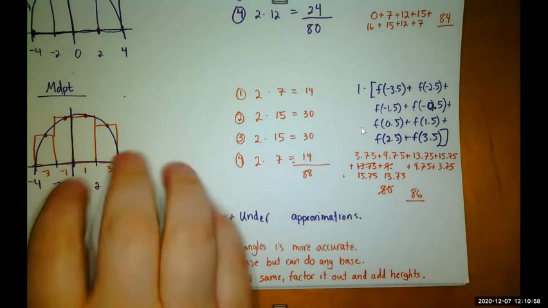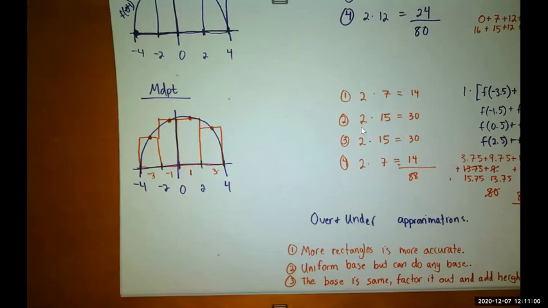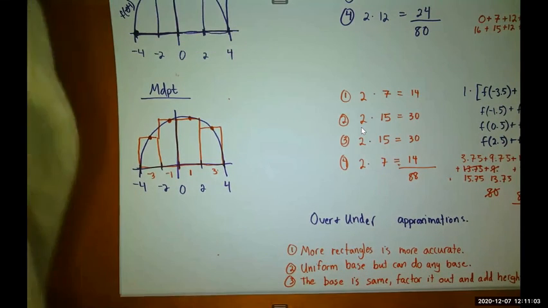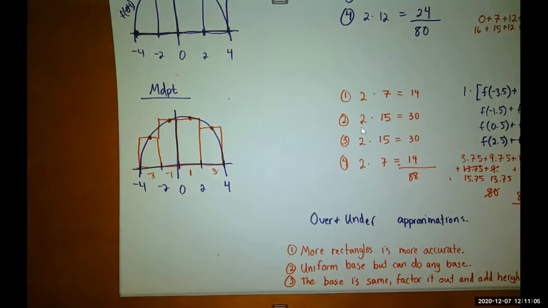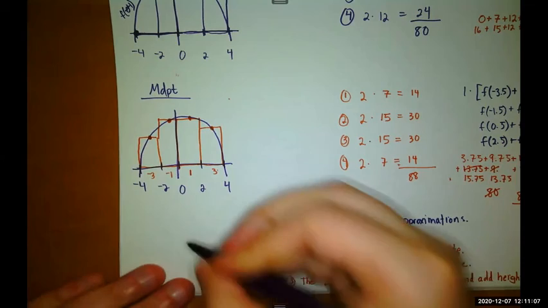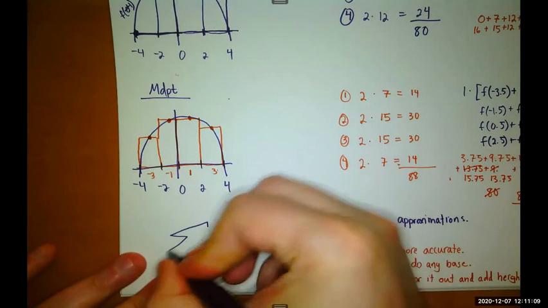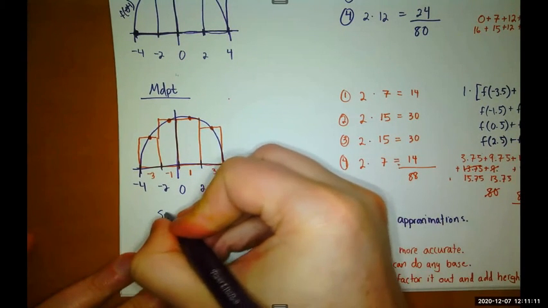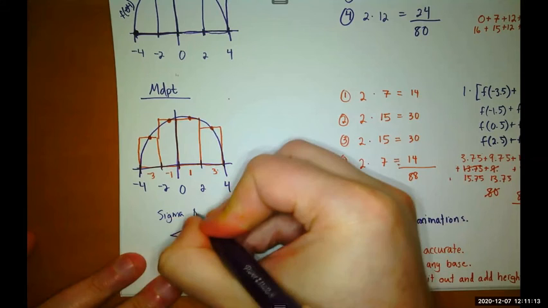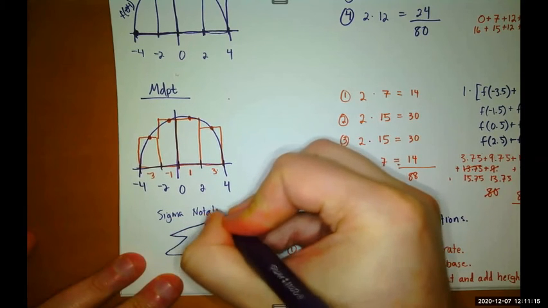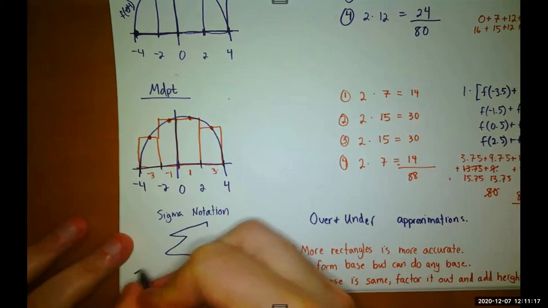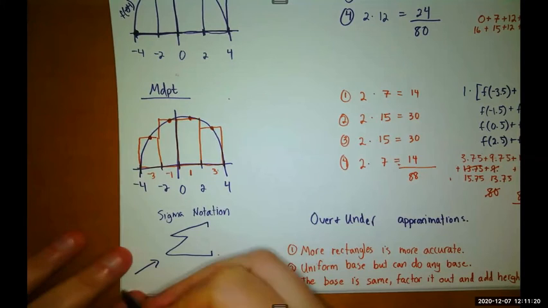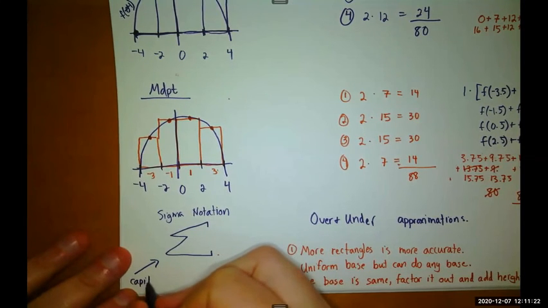Okay. One last piece of math to review before we go on to the next thing on our list is sigma notation. This dude right here is a capital sigma.